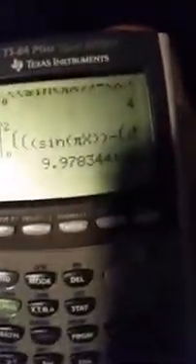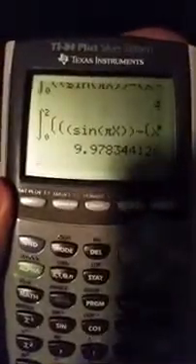Alright, and that gives us 9.978, which is the correct answer. Let's write that down. This equals 9.978. Alright, and that section is also worth 2 points for the integrand and the correct answer.